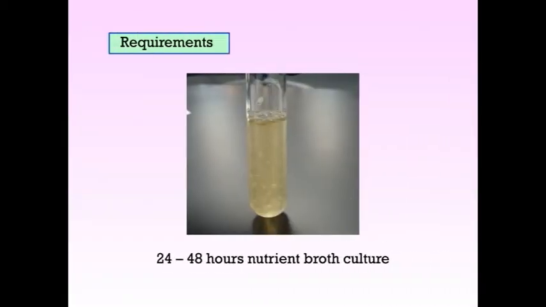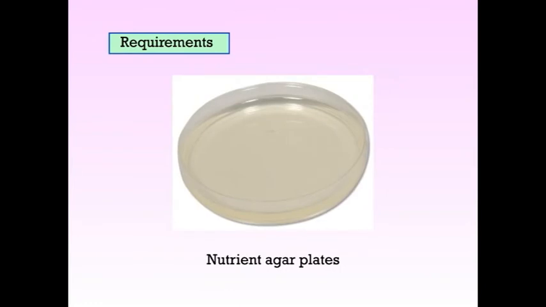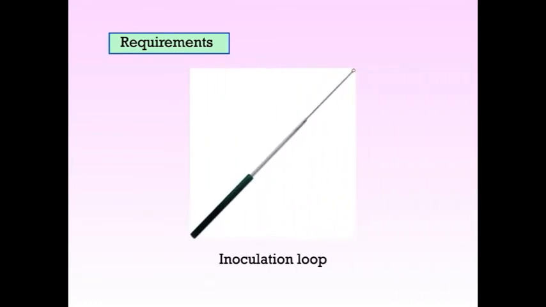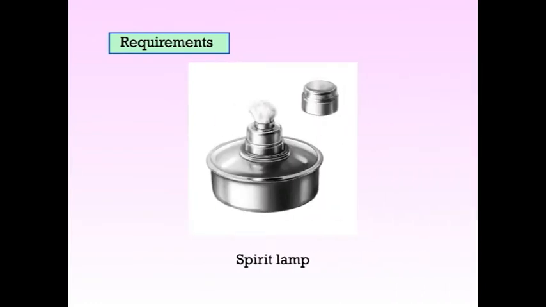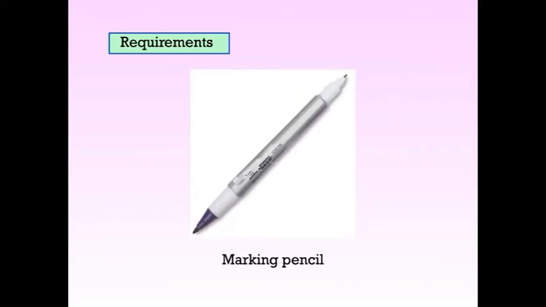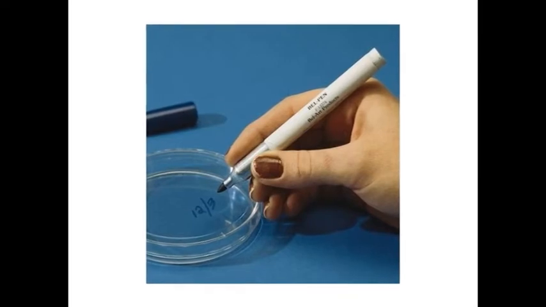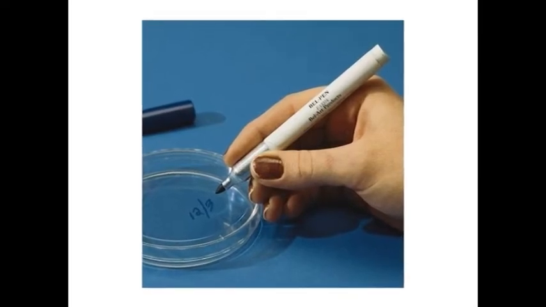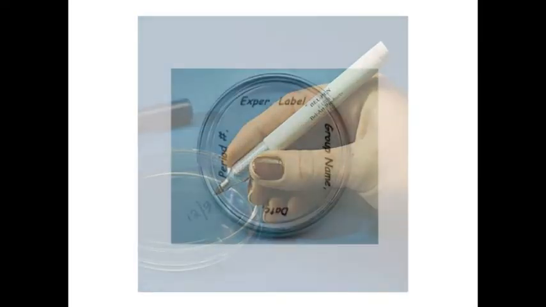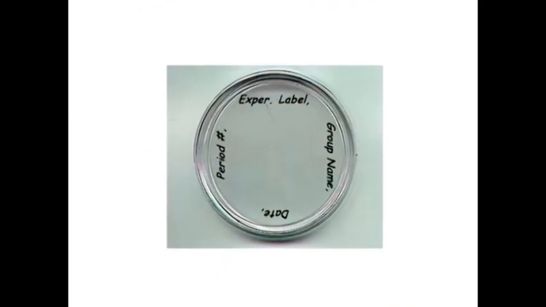So now coming to requirements. The first one is a 24 to 48 hours nutrient broth culture, then the nutrient agar plates, inoculation loop, spirit lamp, marking pencil, etc. In the procedure, Petri plates containing nutrient agar medium are labeled on the bottom with the name of the organisms to be cultured.